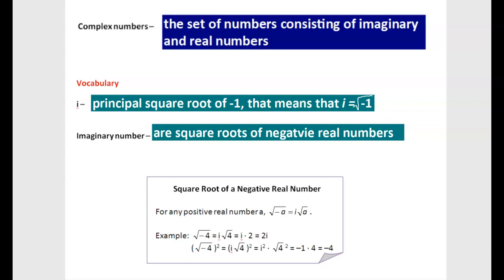And now we're adding to it the imaginary numbers. The real numbers are on the left side of the chart, the imaginary numbers are on the right side of the chart. Together, they make up the complex number system.